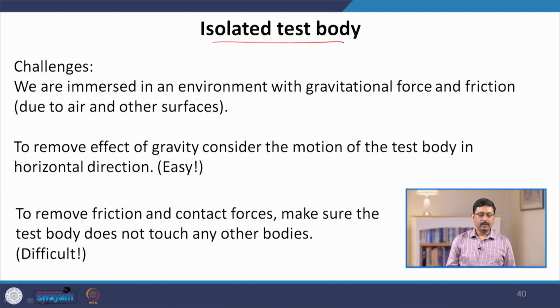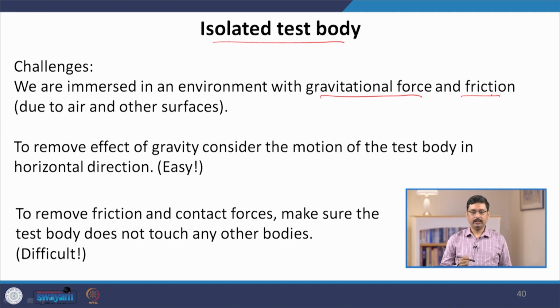Why? Because we humans on this earth are immersed in an environment where there are always two forces present. The first force is the gravitational force, our weight due to the attraction by the earth, and the second is that there is always some sort of friction.